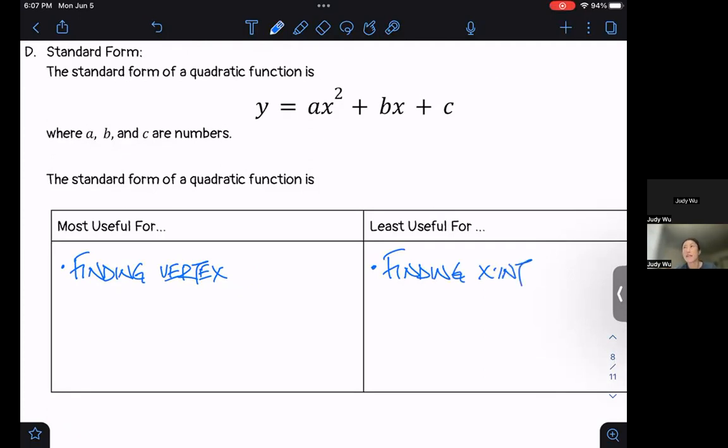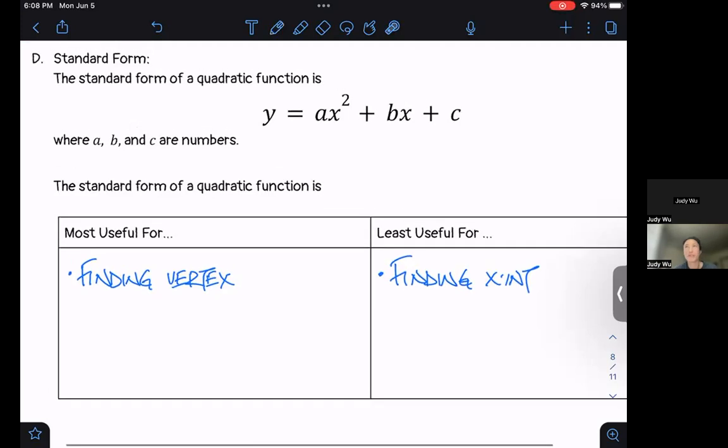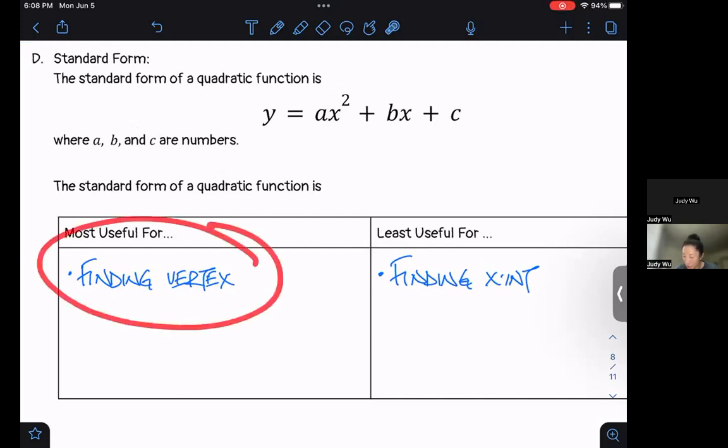Like the vertex form, it's not as bad, but it's a little bit more work than the factored form. If you think about Goldilocks and the Three Little Bears, it's not too hard here, not too easy here, and not too hard here. So it's a nice middle ground.